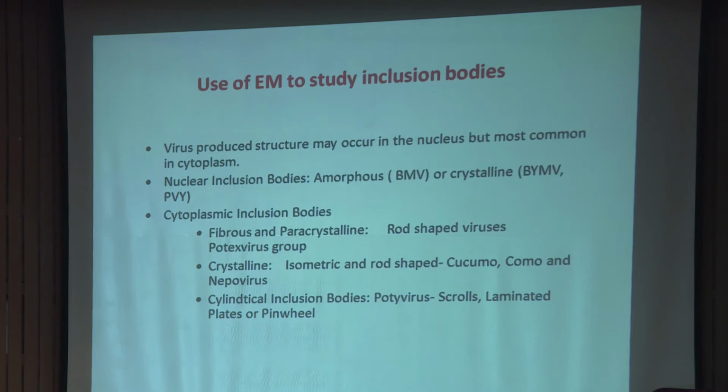Different kinds of inclusion bodies are developed by different viruses. These inclusion bodies we can see only by ultra thin sectioning. We have to cut the section and then observe what type of inclusions are there.